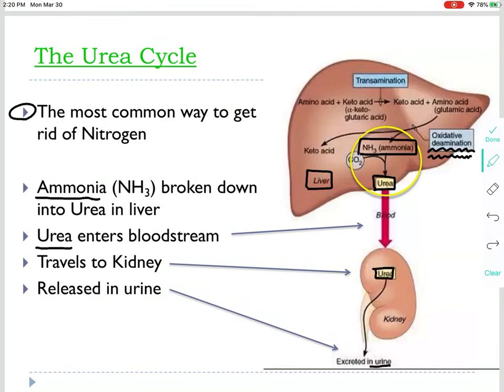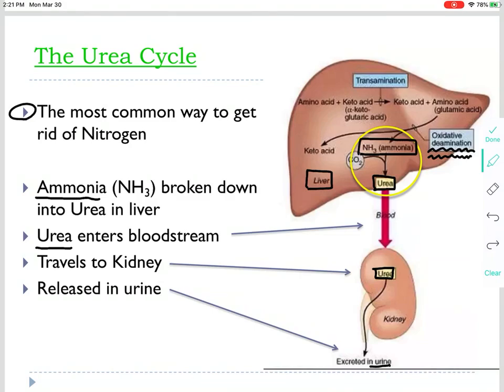Okay, so we convert ammonia into urea, which we take to the kidneys, and then we pee it out. When we get to the urinary system, we're going to see that urea is a very big waste product in our urine. Even though most of our urine is water, of whatever waste products are in it, a lot of it is urea. And by the way, we can deaminate not just proteins that needed to be used for metabolism, we can deaminate proteins that are muscle breakdown products.